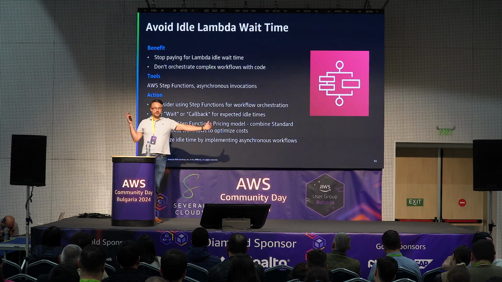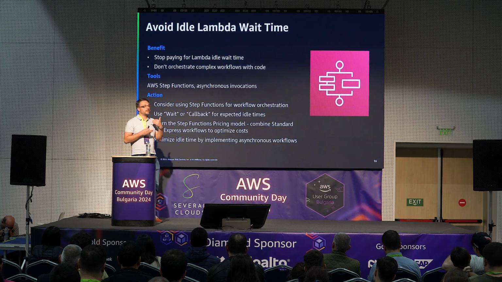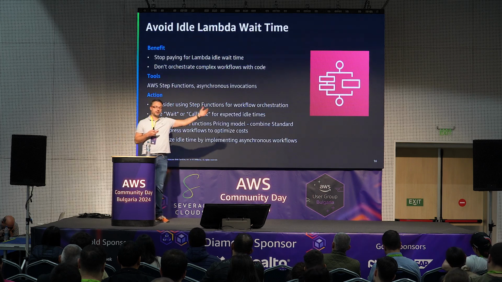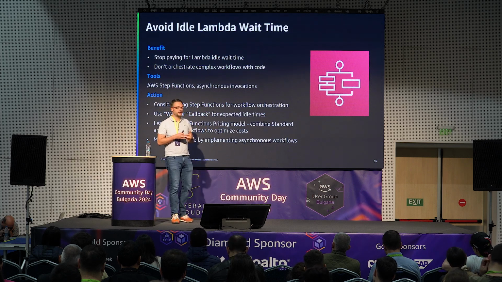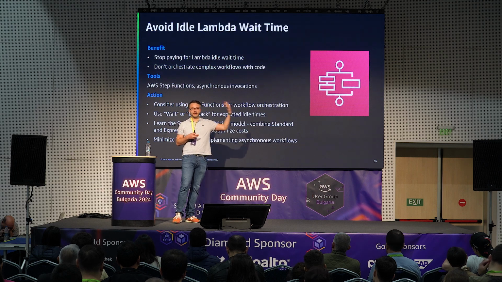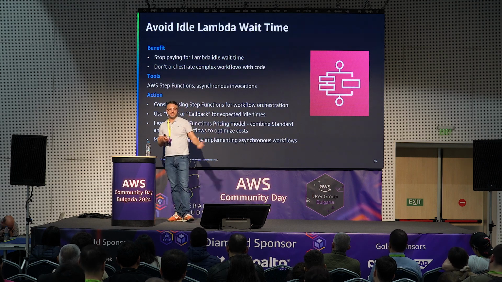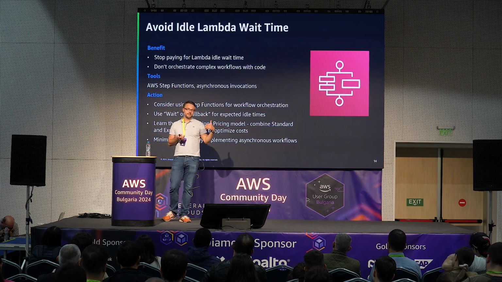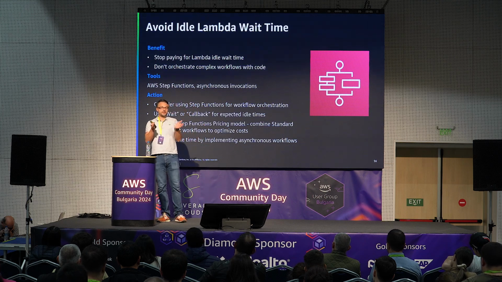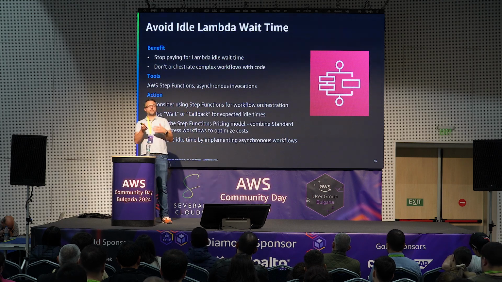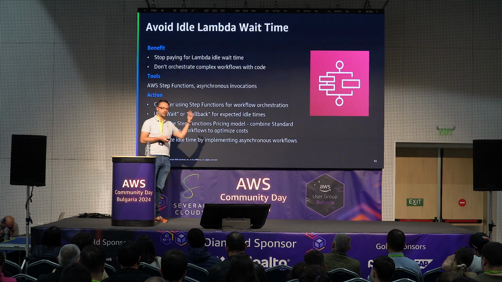The longer your function is running, the more you pay. If your function is making a call to another AWS service or to a network service and you wait for the response, you just pay for idle. You just pay for this function waiting for someone else to do some job.